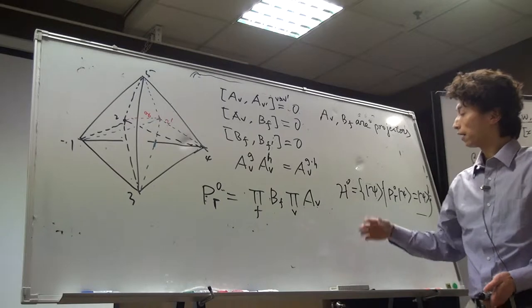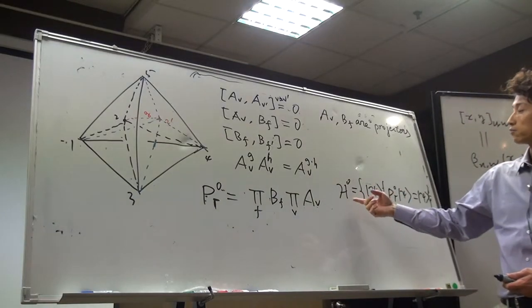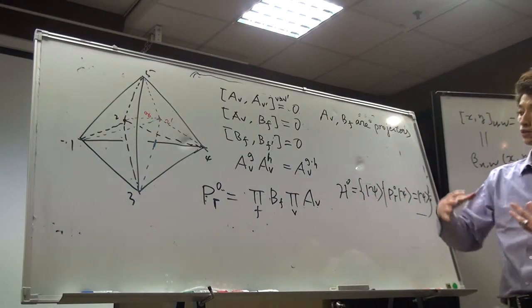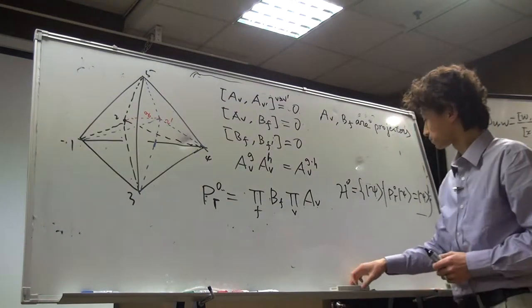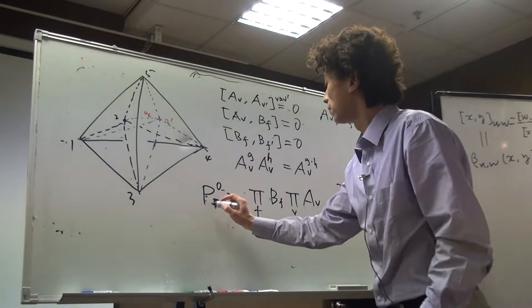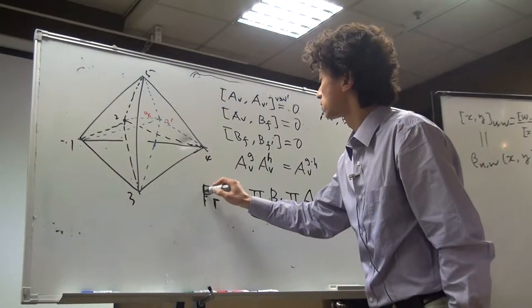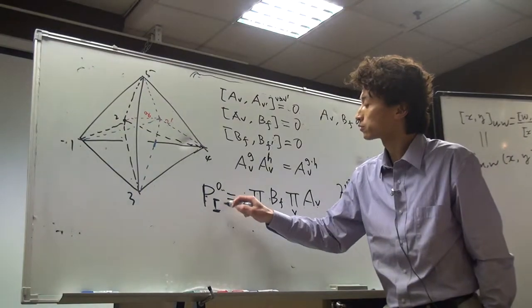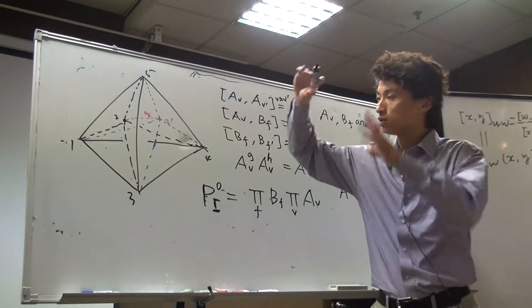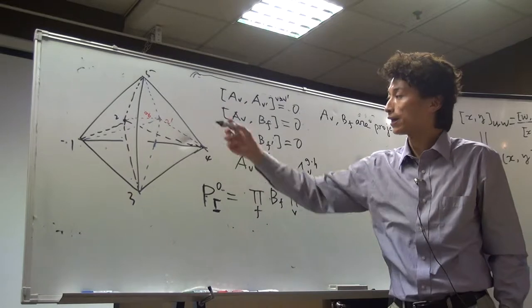But how can we really find out how to represent these ground states will be the next thing I'm going to talk about. And we know that there is a subscript gamma that denotes the lattice here.